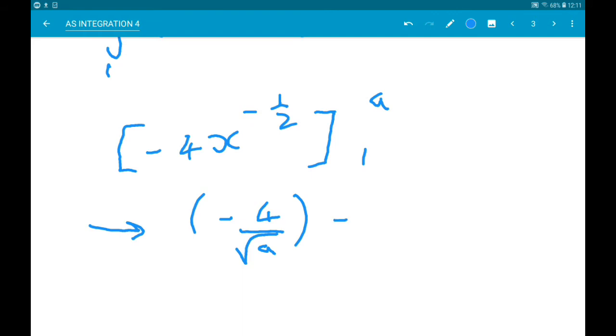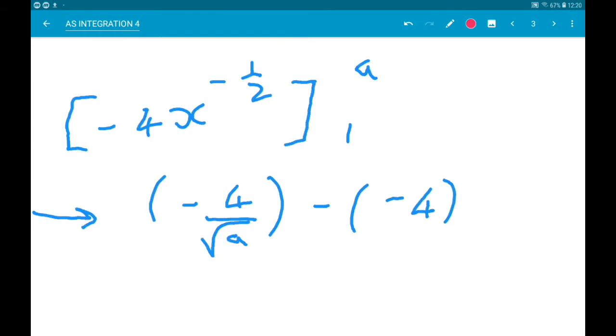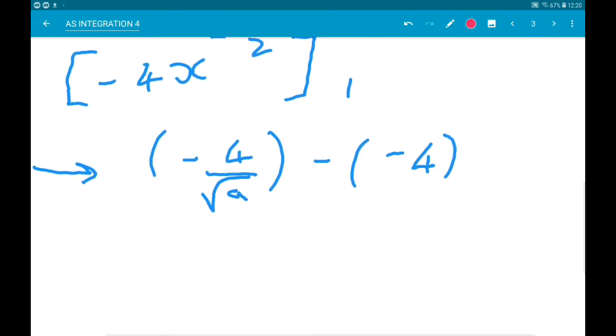So minus, so that's just going to be minus 4. Okay, now then, we know that that has to equal 3. So minus 4 over root a minus minus 4, so add 4, is equal to 3.